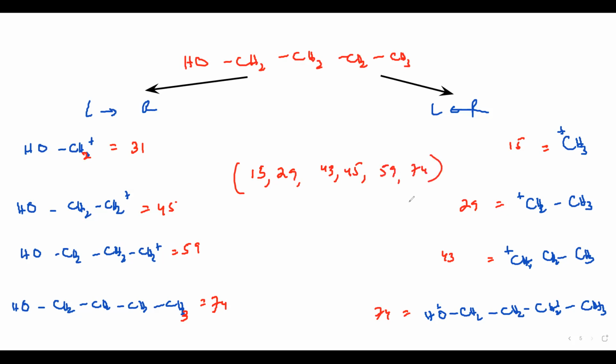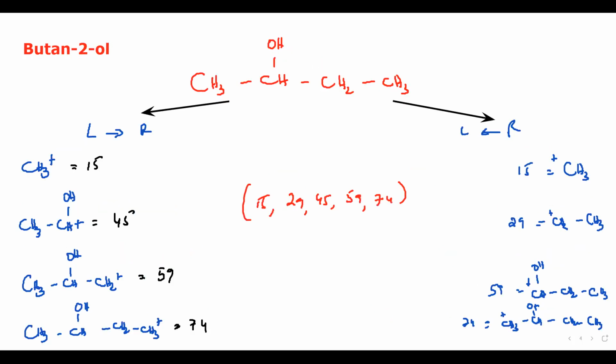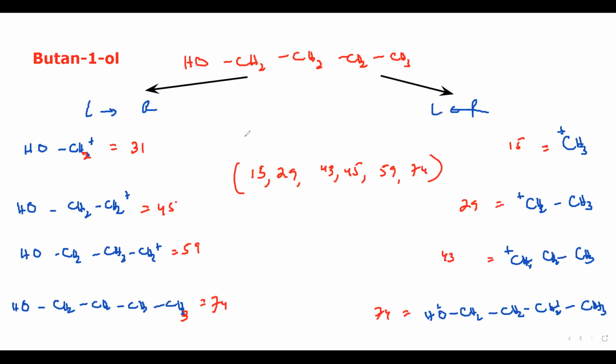So if you want to distinguish whether it is a primary alcohol, for example butan-1-ol, or butan-2-ol, we can check. 15 is there, and the other is also having 15. So 15 cannot be used to distinguish.